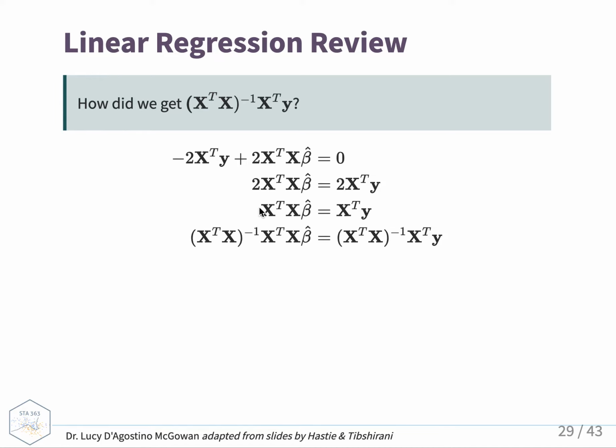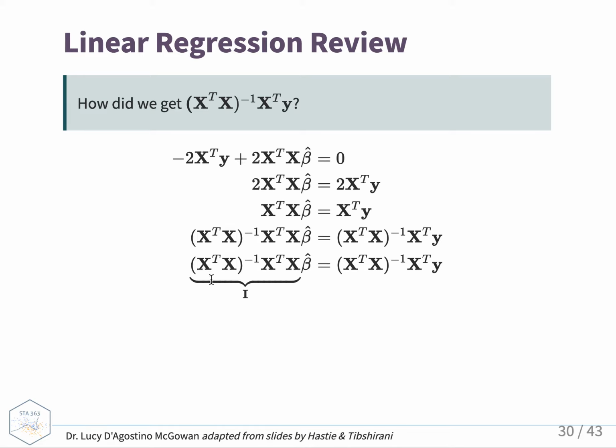Okay, so now that we have this, we can use that matrix fact that you can multiply something by its inverse and you end up with the identity. And so we're going to multiply both sides of the equation by x transpose x inverse. When you multiply both sides of an equation by the same thing, it's fine. What's nice about doing this here is we can get rid of this x transpose x on this side of the equation so that we're left with just beta.